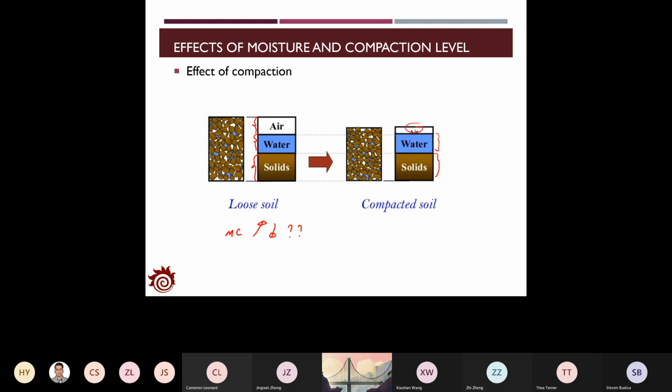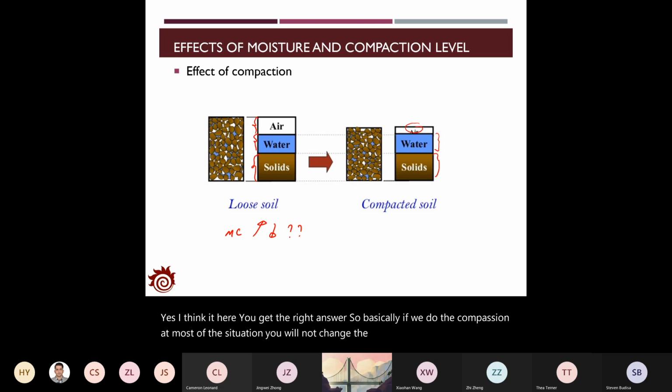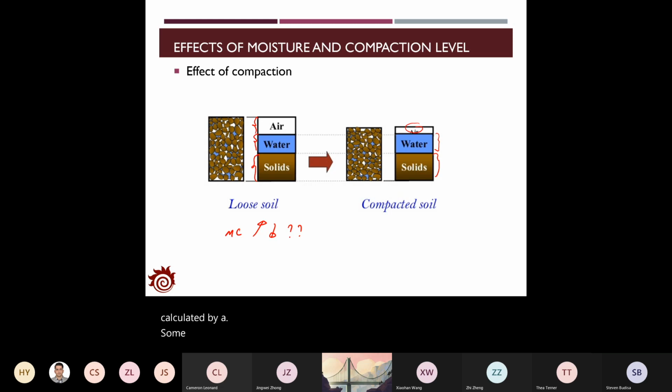Okay. Yes, I think Thierry got the right answer. Basically, if you do the compaction, in most situations, you will not change the moisture content. Only in some real situations, when you squeeze the water out of the sample, will you reduce the moisture content. This can be calculated with some assumptions about the mass of each component: the mass of the water, the mass of the solids, and the mass of the air.